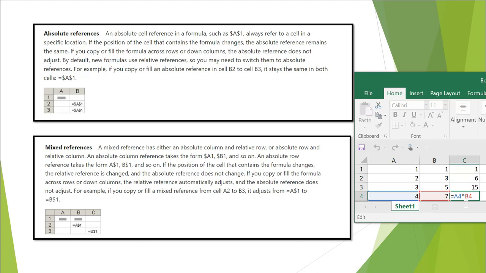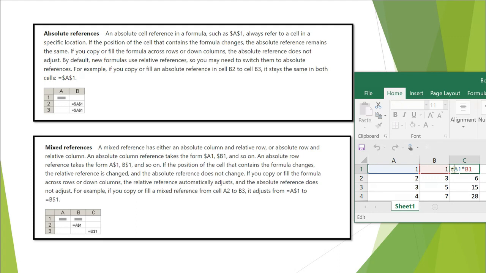Then what is an absolute reference? In an absolute reference, I want that the row or the column should remain as it is, or I want that the value is not changed when I drag and drop the formula. Let us see how this can be achieved.